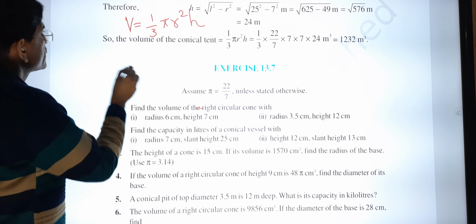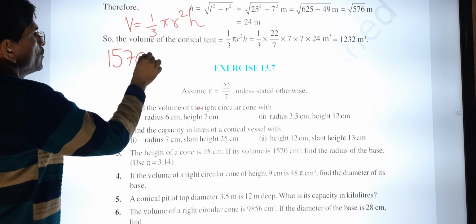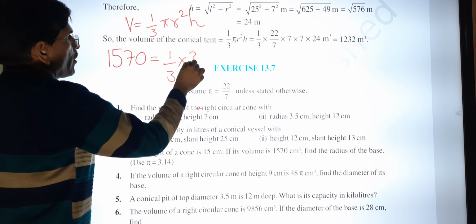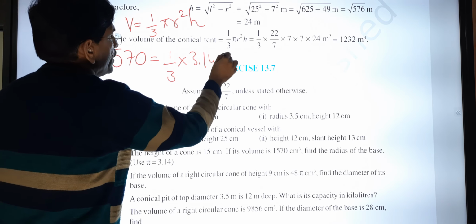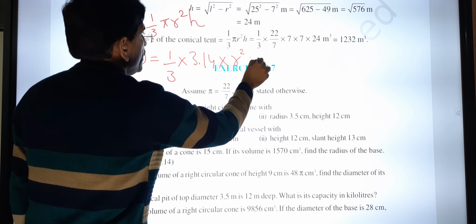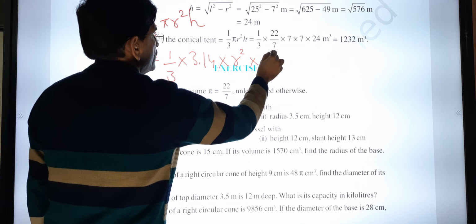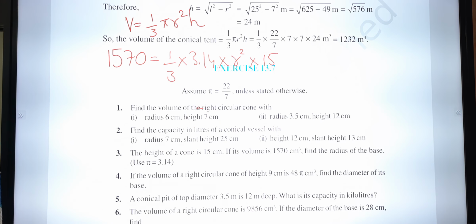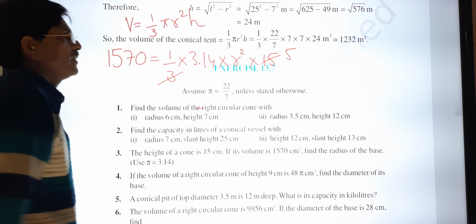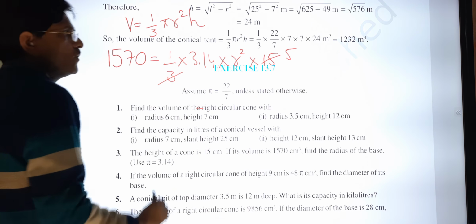Now the volume is given: 1570 is equal to 1 by 3 into 3.14 into r square, that we have to find out, into h, that is 15. I think we have discussed this sum. So 3 into 5, 15. Now 3.14 into 15.